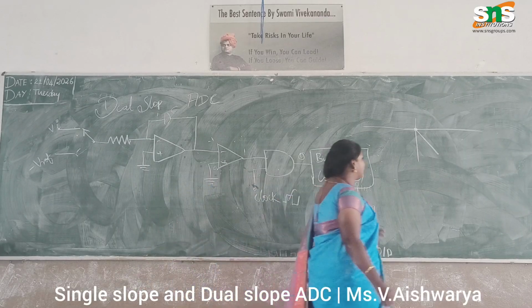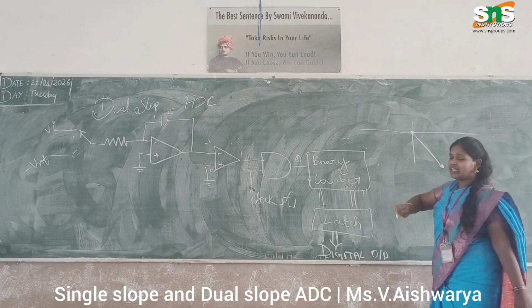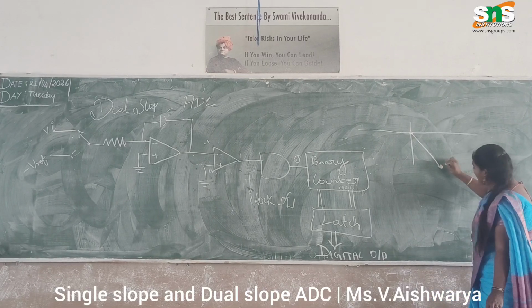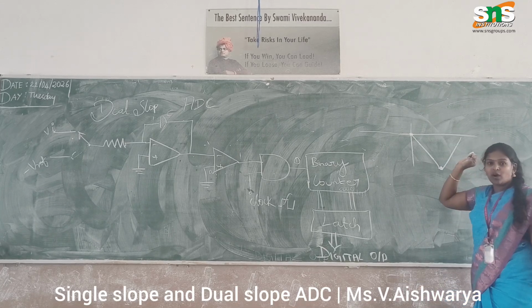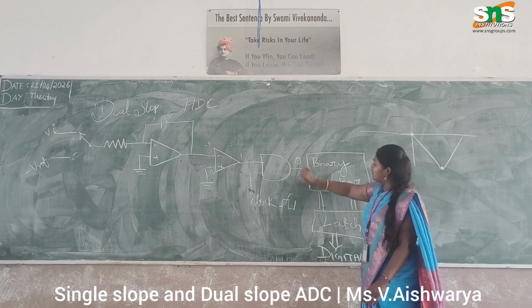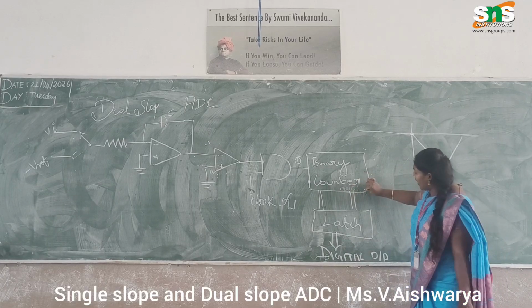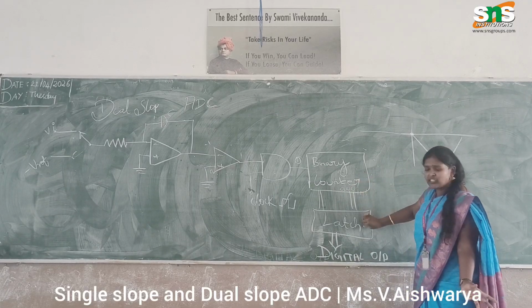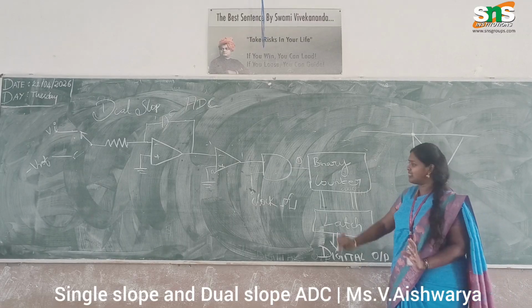The integrator then starts the integration towards the positive side. This is the process of the dual slope ADC. After counting, the latch will receive the signal and we will get the digital output here.